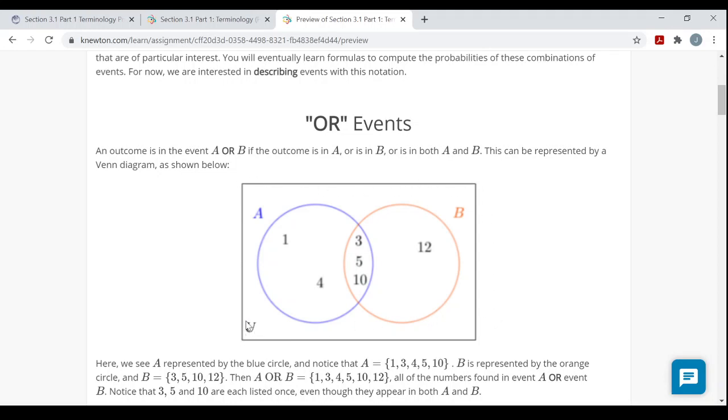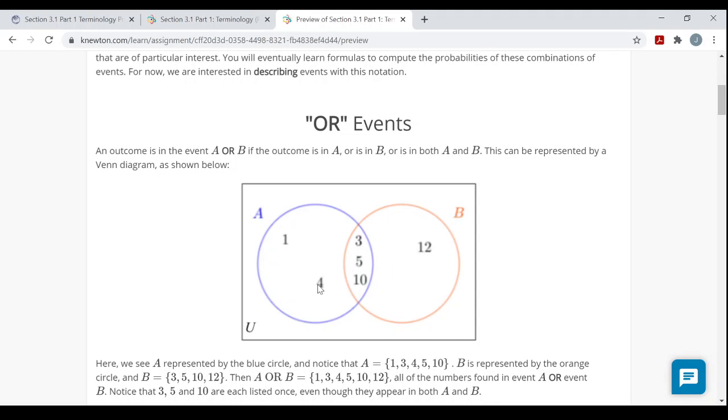Usually the U represents the universal set, or everything possible. Then some circles or ovals represent events. This blue circle represents event A, so everything inside the blue circle is part of event A. The red circle, or orange circle, represents event B, so all the outcomes inside the red circle are in event B.